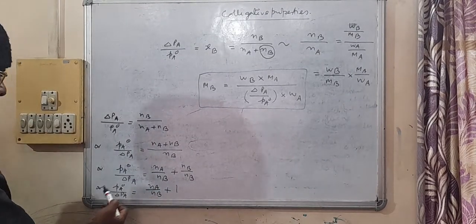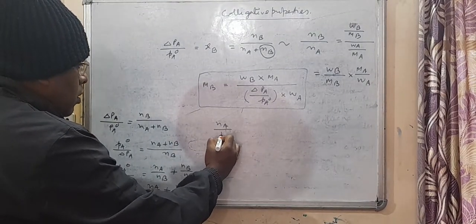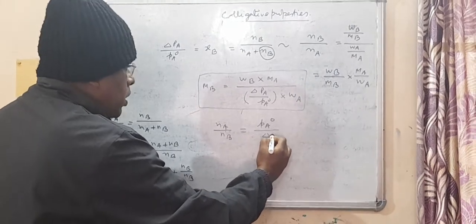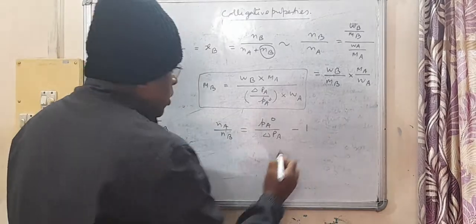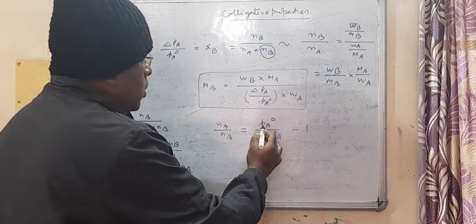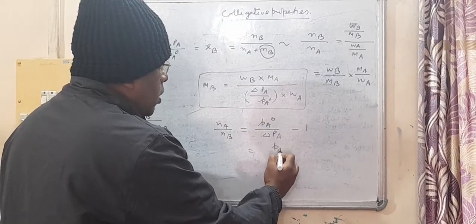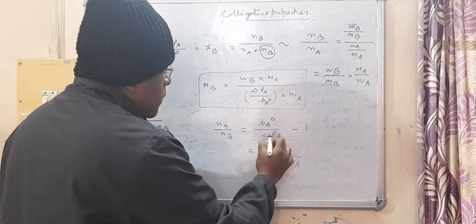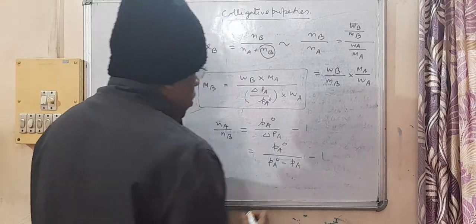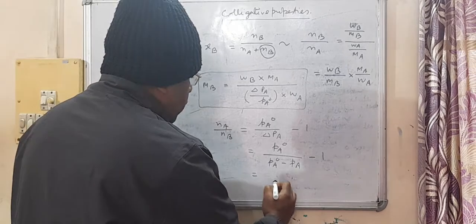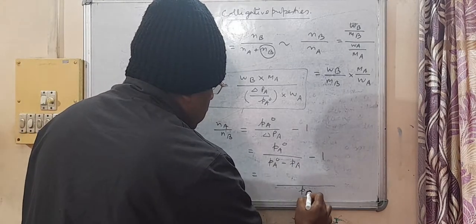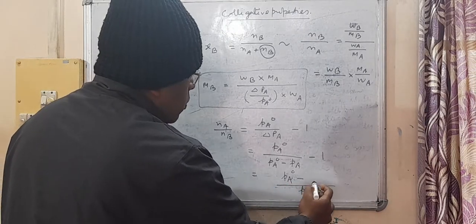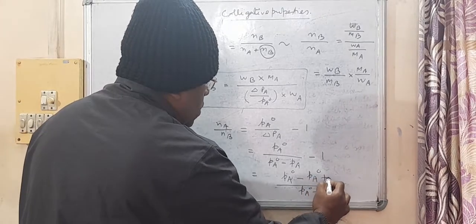So now this one we bring this side. So from here we get Na by Nb equal to Pa naught by delta Pa minus 1, and here we get this: Pa naught by delta Pa, where delta Pa is Pa naught minus Pa, minus 1. And if I take LCM and calculate, it will be Pa naught minus, and this one will be minus Pa naught plus Pa.